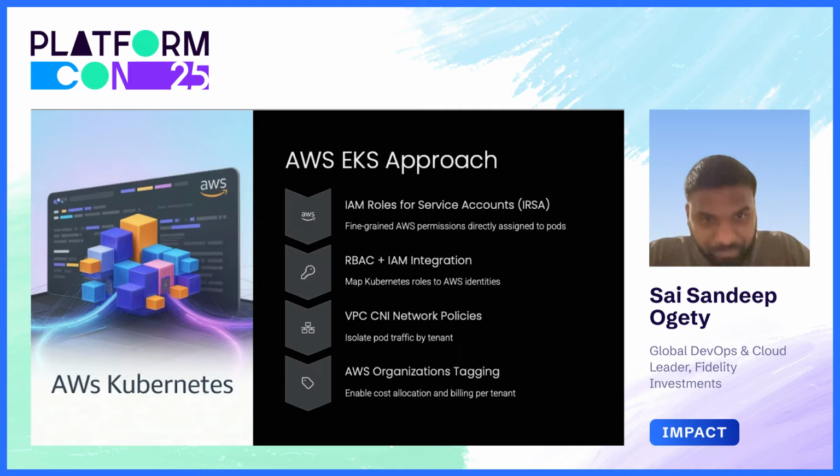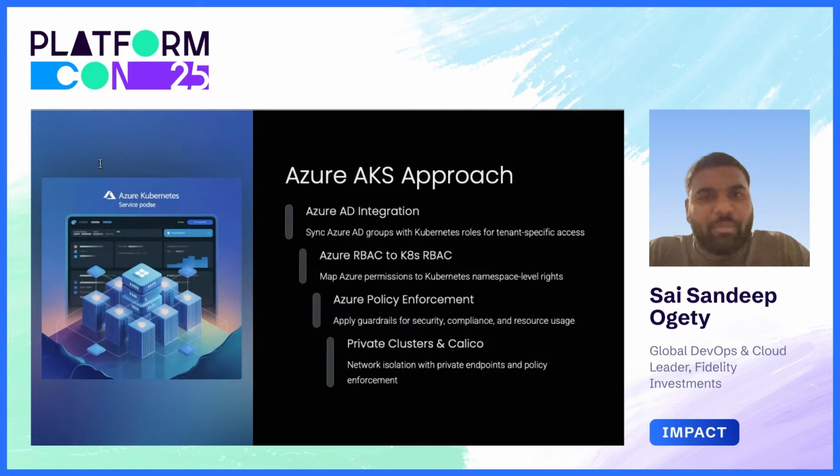The other approach is Azure AKS. AKS integrates deeply with Azure Active Directory, using Azure AD groups in Kubernetes roles. So tenant users and service principals map neatly into namespace-level permissions.